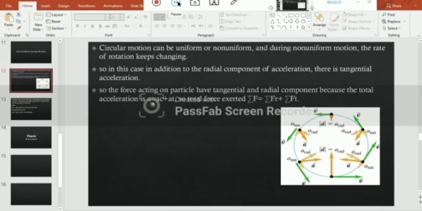So we also have a centripetal acceleration. But the difference between it and uniform circular motion is that there is also tangential acceleration and tangential force. And in non-uniform circular motion, the rotation keeps changing in both the direction of velocity and the magnitude of velocity.